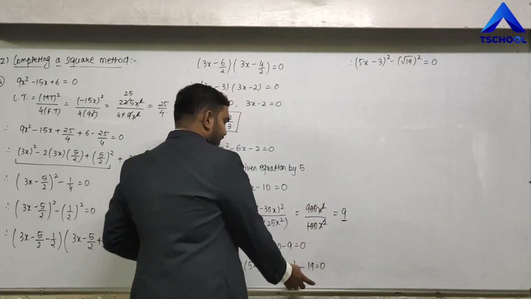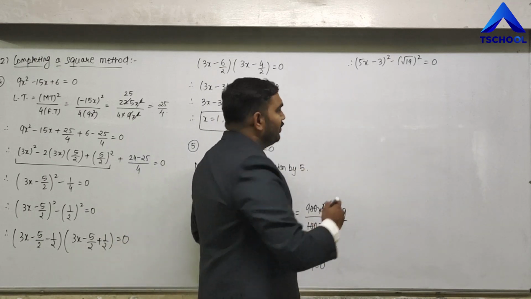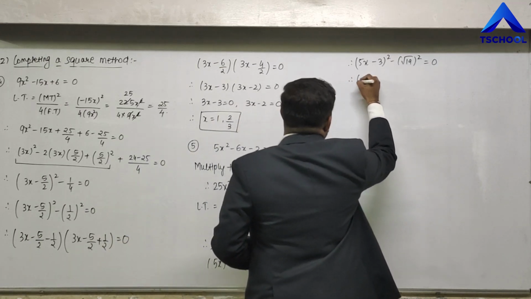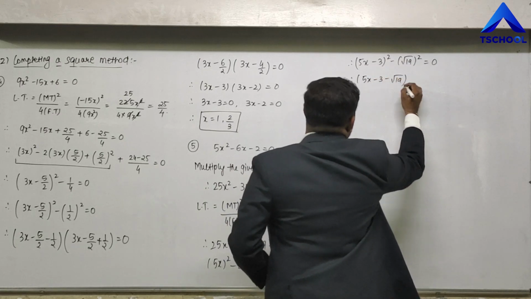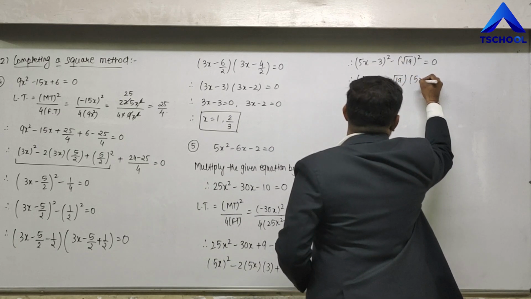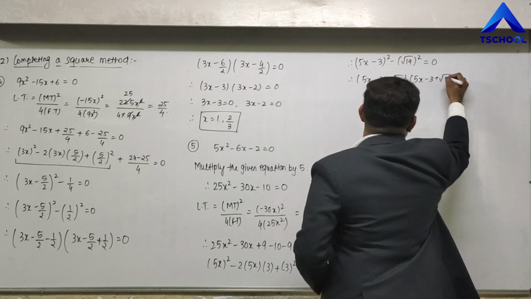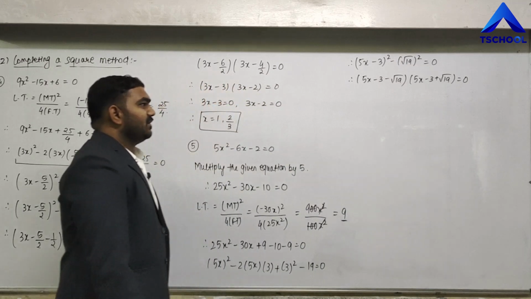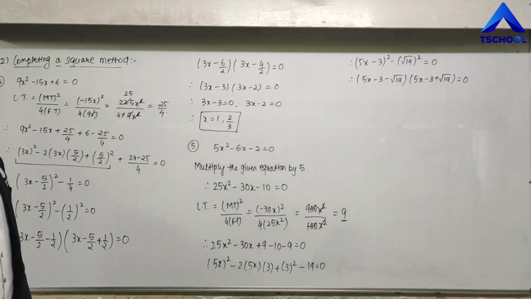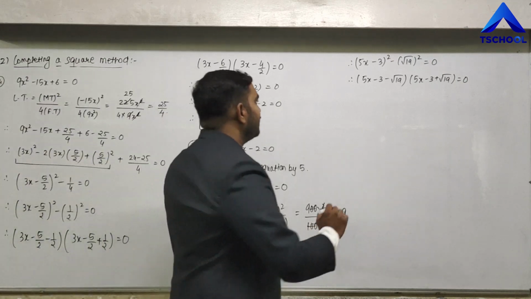That means 19 can be written as root 19 whole square. Therefore we get, using the formula of a square minus b square, that is a minus b into a plus b, 5x minus 3 minus root 19 into 5x minus 3 plus root 19 equal to 0.